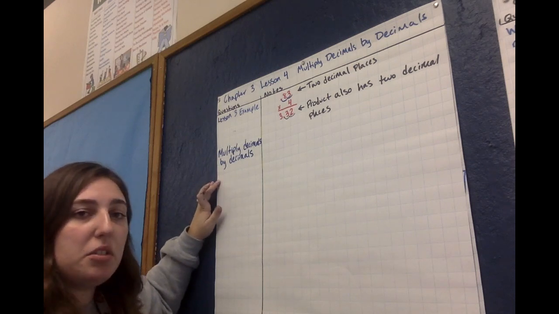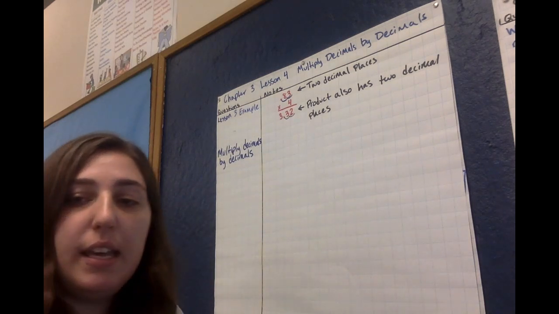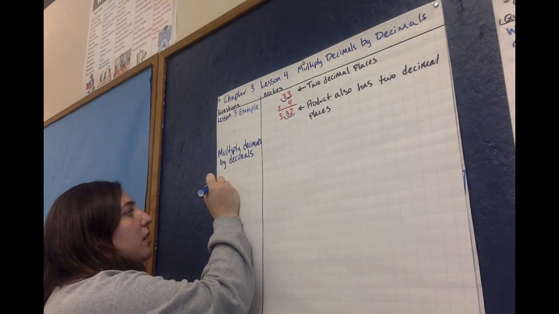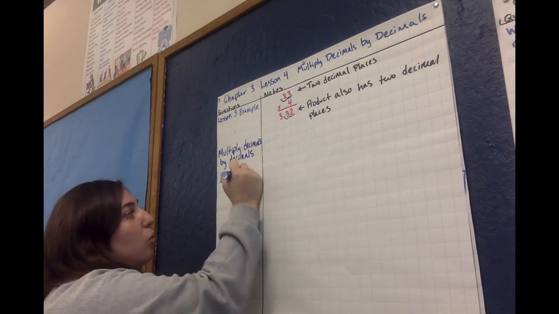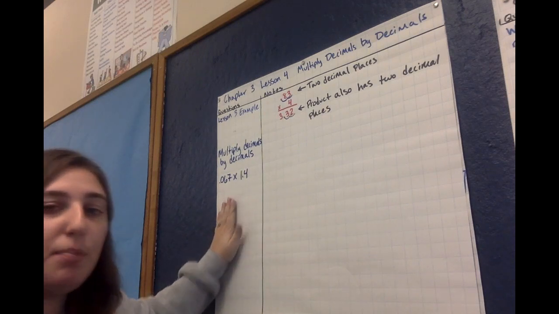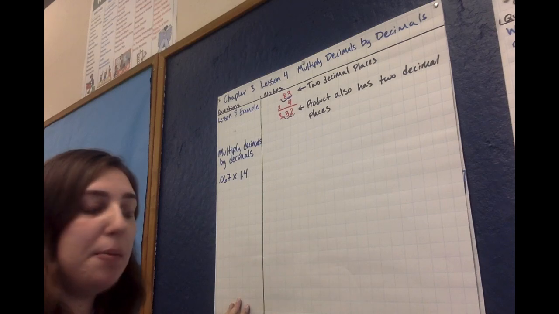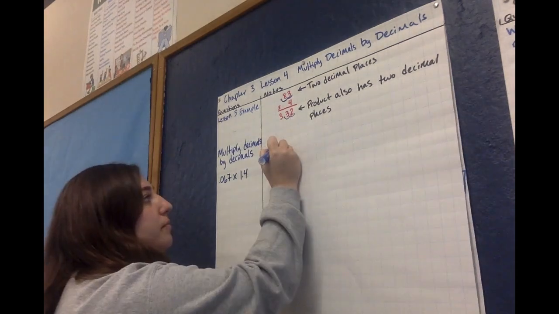So what I want us to try to multiply first is 0.067 times 1.4. So it looks a little intimidating how it is, but we're going to change how it looks, and I'm going to show you one strategy that has really helped me, and I know a lot of other students, multiplying decimals.